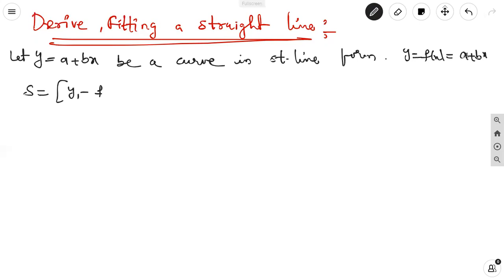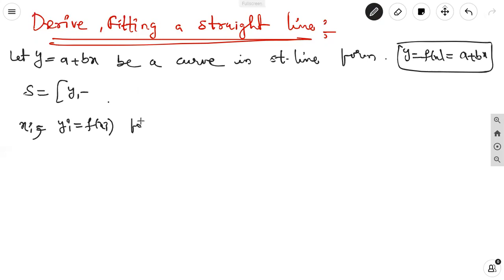So we take the corresponding values of xi. Here y equal to f of x equal to a plus bx means for xi values, yi is equal to f of xi for i equal to 1 to m.